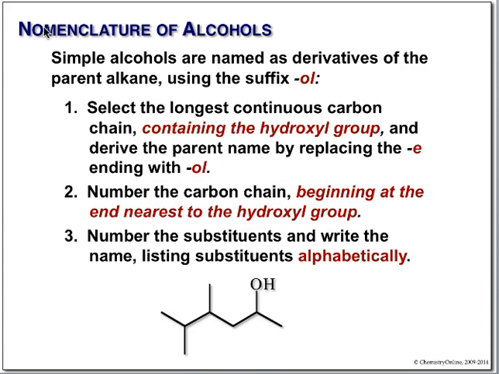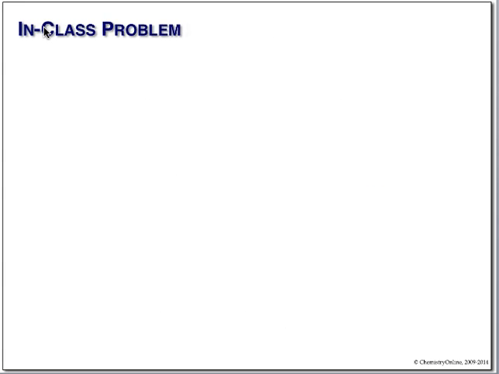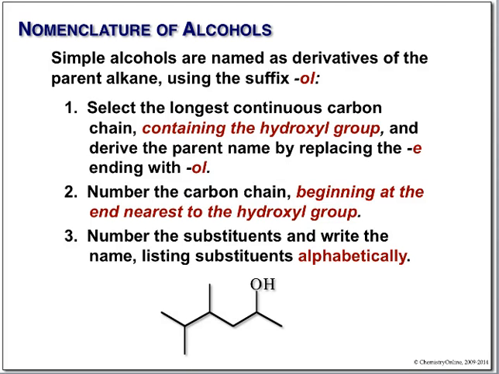A simple example here. Here we have an alcohol. We want our parent to contain a hydroxyl group. So we'll let, whoops, where did it go? Gee. All right, well, let's just name this anyway. We're going to do a hexane as our parent.